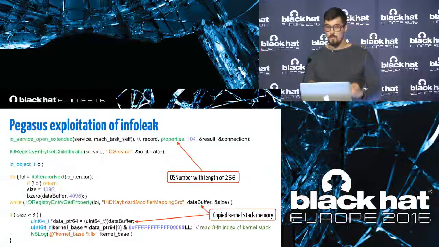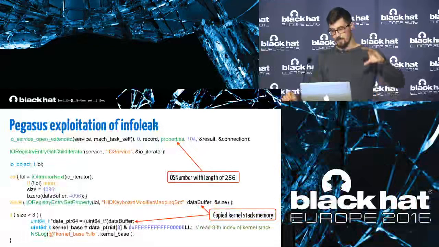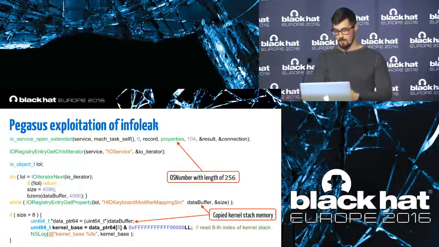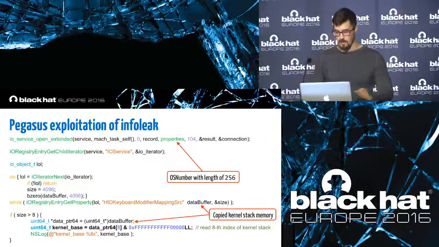So this will trigger the vulnerability. As we see in the data buffer variable here, 256 bytes of kernel stack memory will be copied and returned as a data buffer. The last step here is to determine the kernel base address from this stack memory, which we have here.